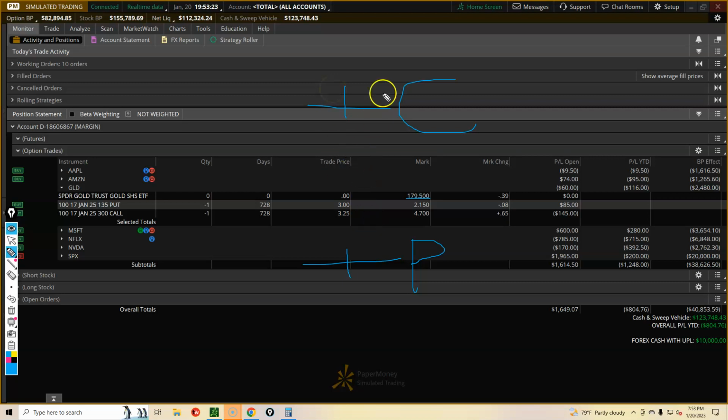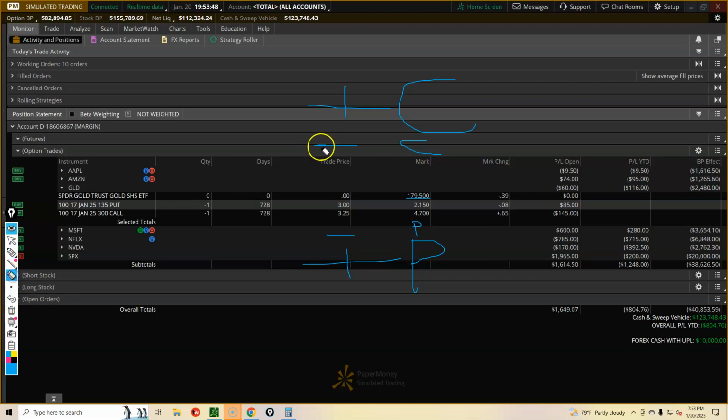How would you adjust it into an iron condor? Well, if you had bought a put and bought a call, then you could also sell a call and sell a put. Same expiration date, same underlying, just a different strike price. That will turn it into an iron condor.